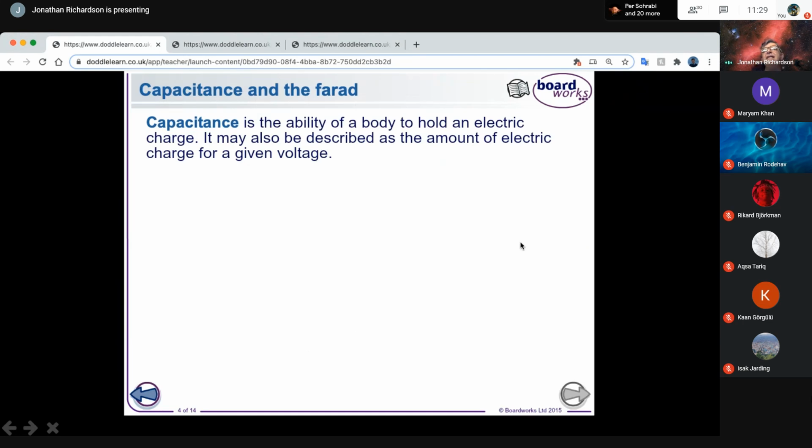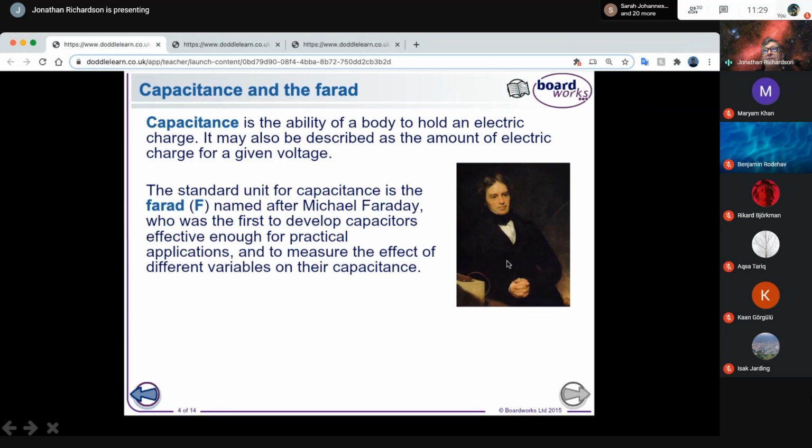Capacitance is the ability of a body to hold an electrical charge. It can also be described as the amount of electrical charge for a given voltage. And I'll show you exactly what that means in a few moments.